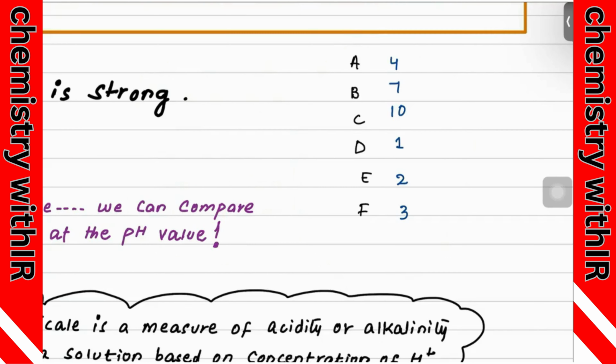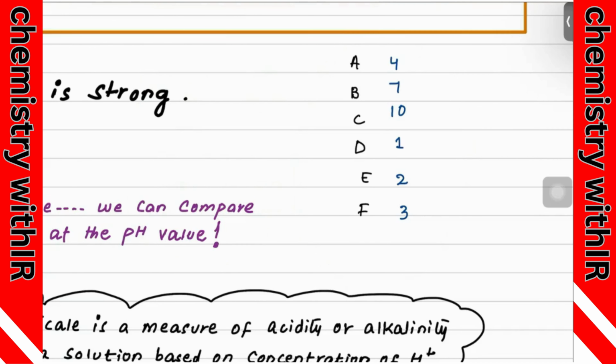So D means the pH is 1. When the pH is 1, it means that the concentration of H positive ion is highest.